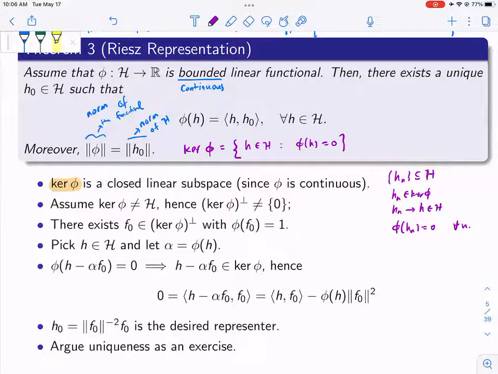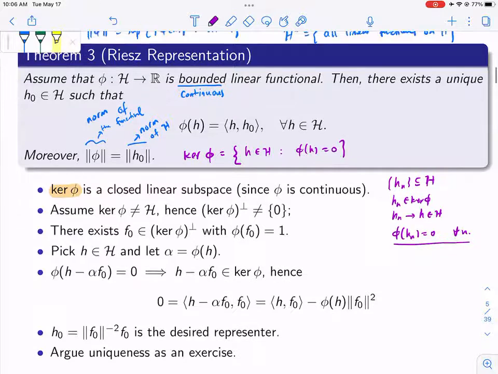We want to show that this limit is also in the kernel. Then I take the limit of both sides. Phi of Hn is definitely 0, and this is equal to phi of H because phi is continuous, right? So then H has to be in the kernel. So if you have a continuous or bounded linear functional, then the kernel is closed. It's a linear closed subspace.